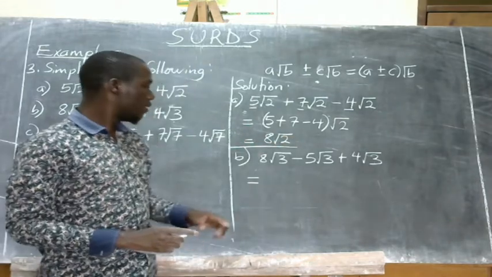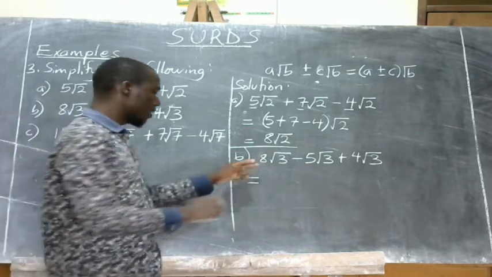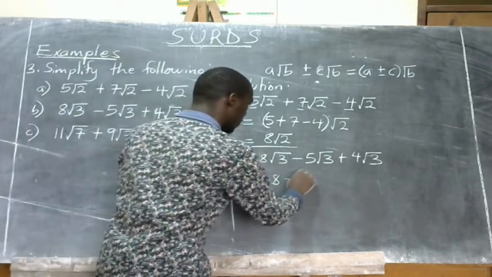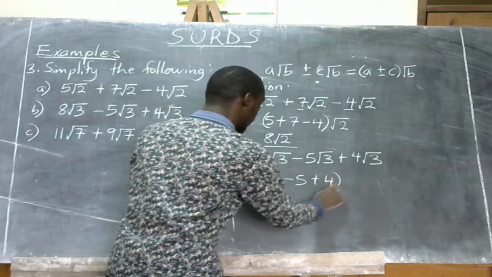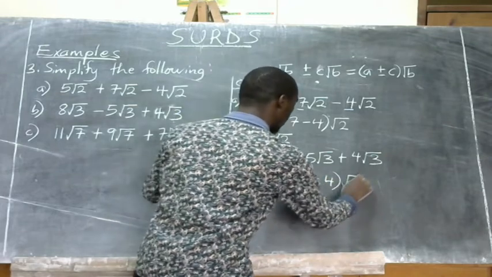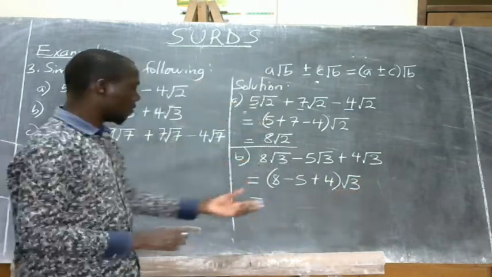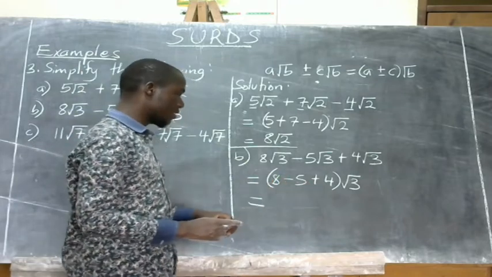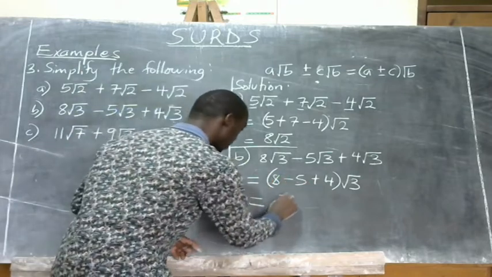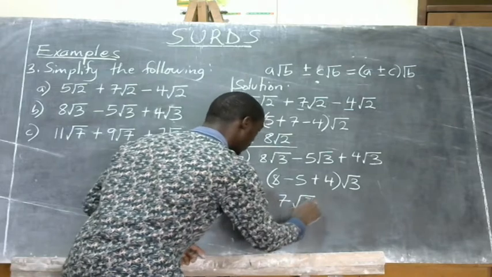Part B, we are going to do the same. This is going to be 8 minus 5 plus 4 into root of 3. So when I add and subtract what is inside there, I'm going to get 7 root of 3.